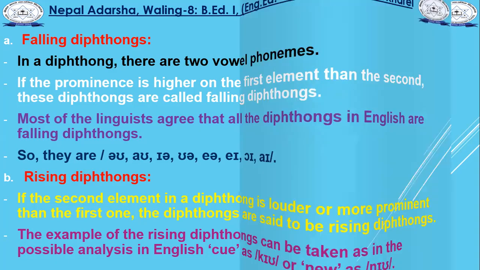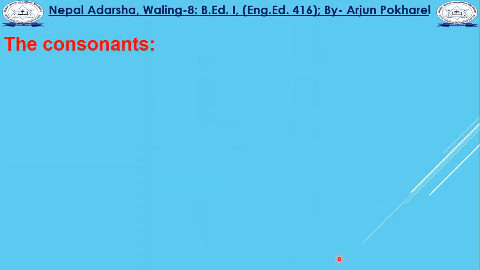I'll move forward, and here the consonants. The consonants of English. You all know what the consonants are. Consonants or consonant sounds. When you say consonant, in language and linguistics, you automatically mean it is sound, it is not alphabet. We do not give much emphasis here to alphabet.